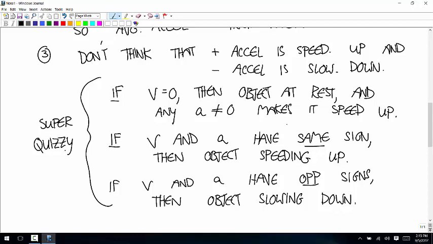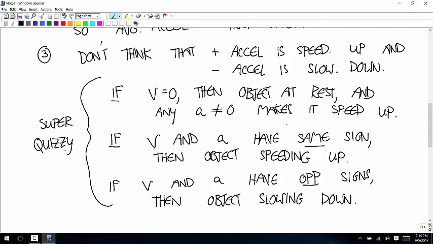Okay, so if a ball is falling down from the sky, a pop fly or something, and it's on its way down, is it speeding up or slowing down? It's speeding up. What's its velocity if it's on the way down?